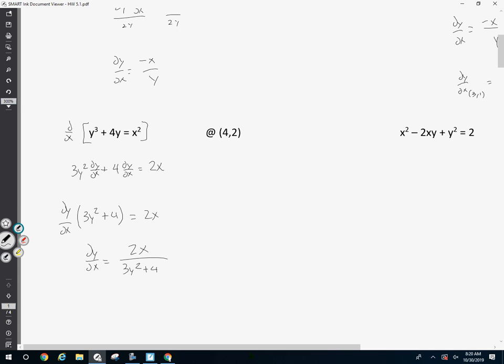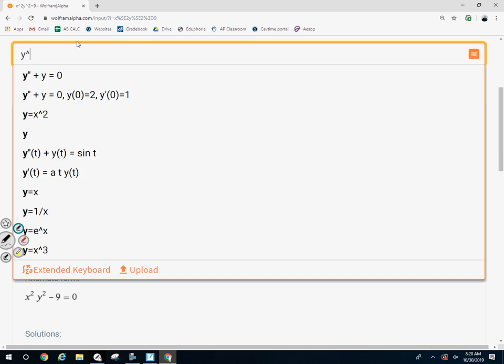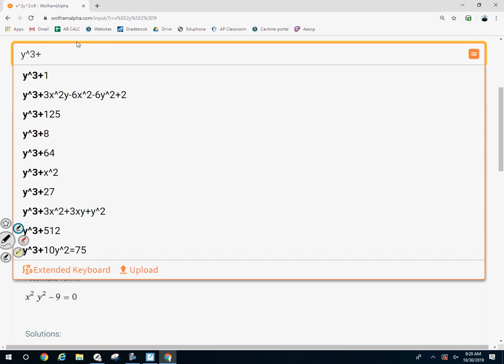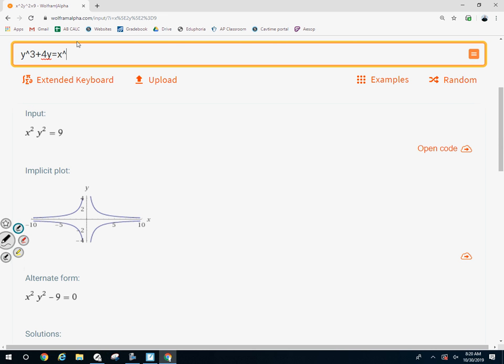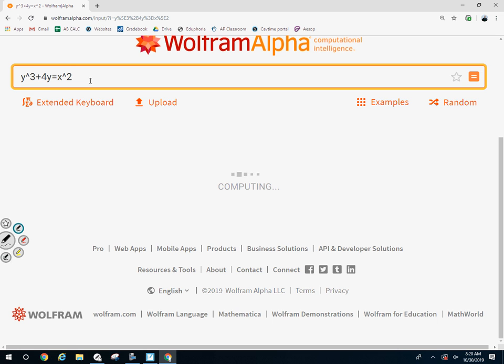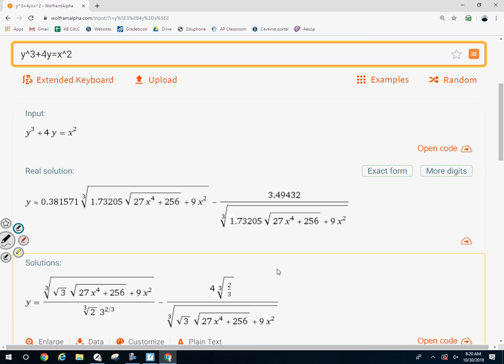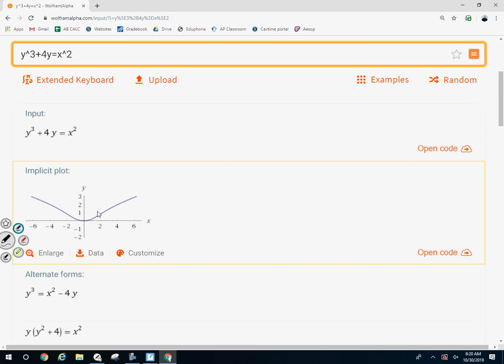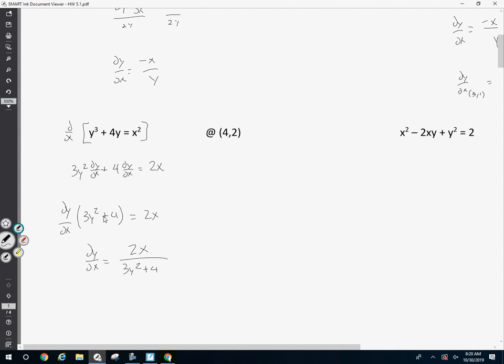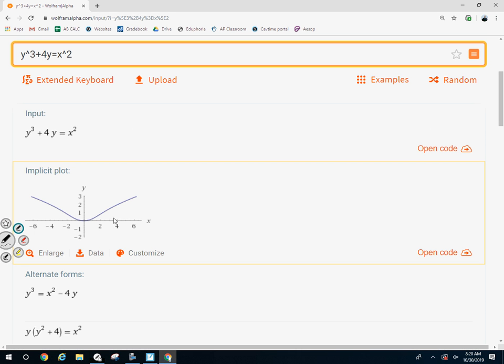Let's look at the graph at 4, 2. Let's just make sure things will be right. y cubed plus 4y equals x squared. Cool? Looks like this. At 4, 2, I'm going to have a positive tangent slope.